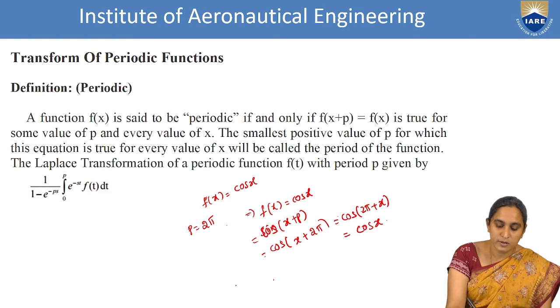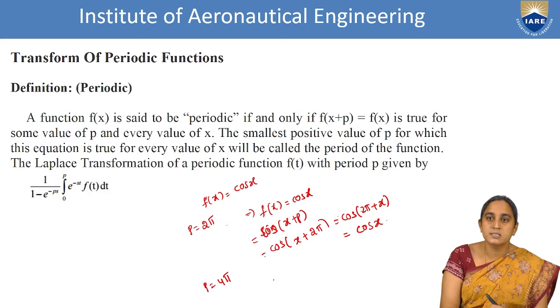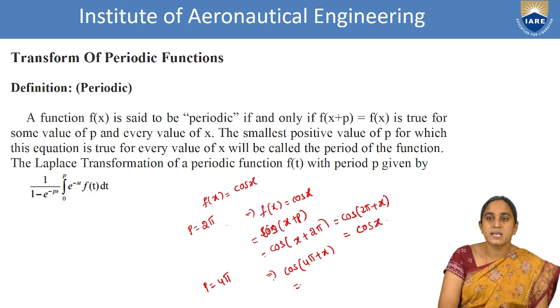I'll take one more example for the same function. I'll check it with respect to 4 pi. In that case, is cos x a periodic function or not? Cos of 4 pi plus x is also cos x.